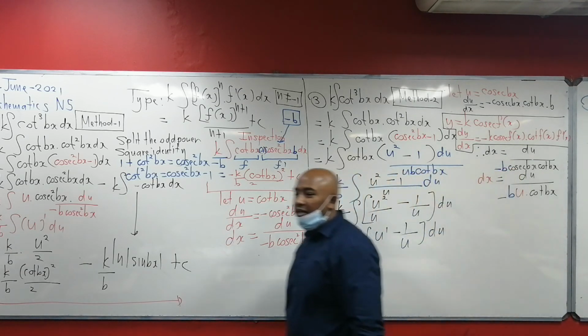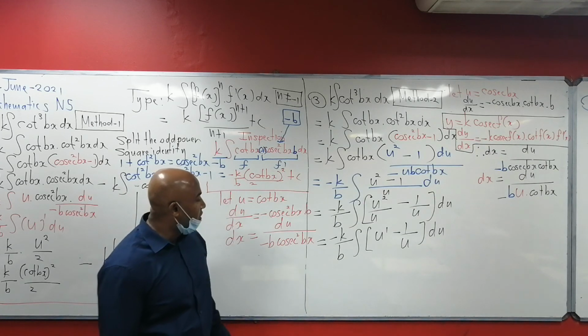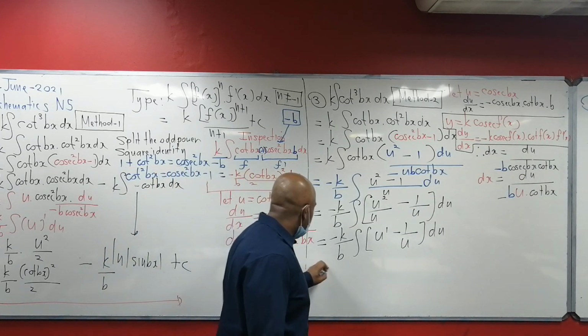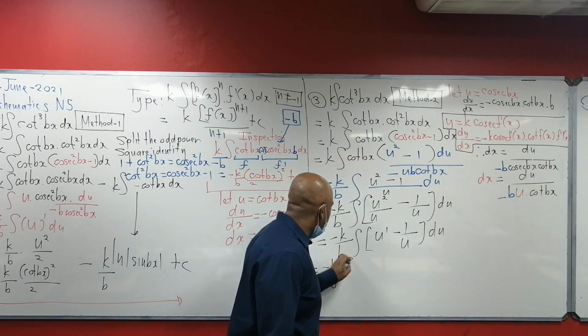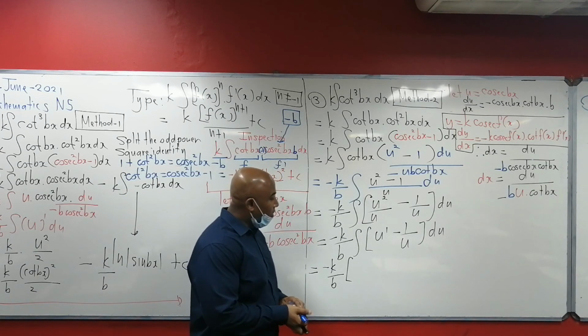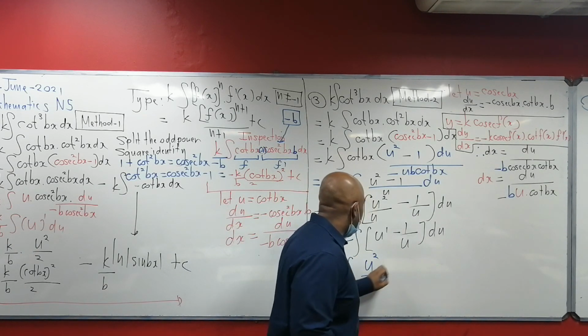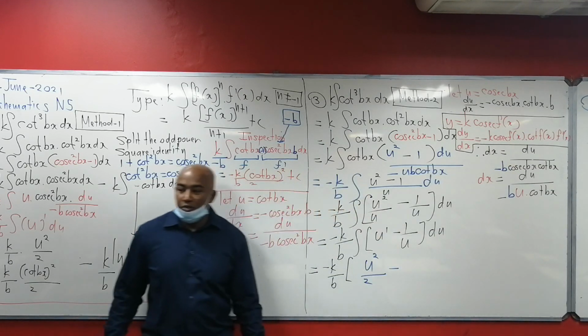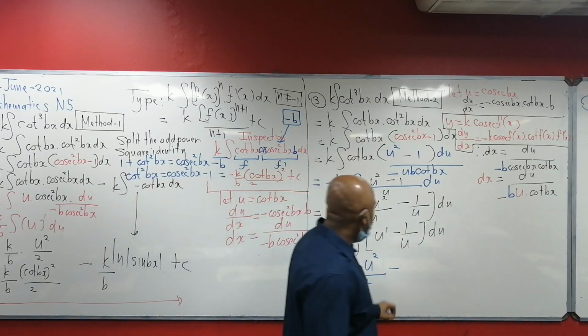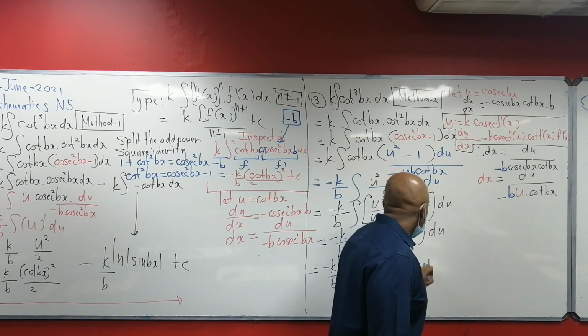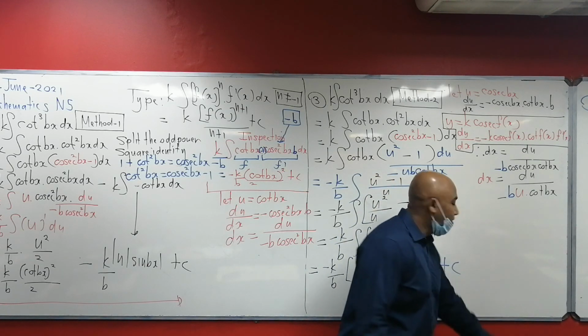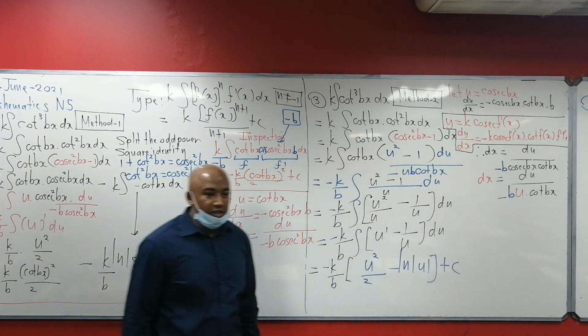And now, finally, we can integrate with respect to u. So that's my minus k over b. Integrate u to the power 1. That's going to be 1 plus 1, which is 2, over 2. Integrate 1 over u, which is going to be ln absolute value of the denominator, plus c. And you're done now.